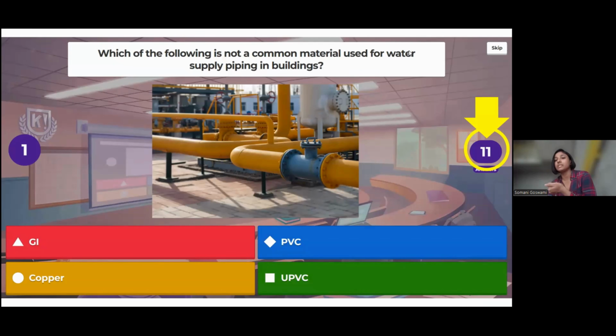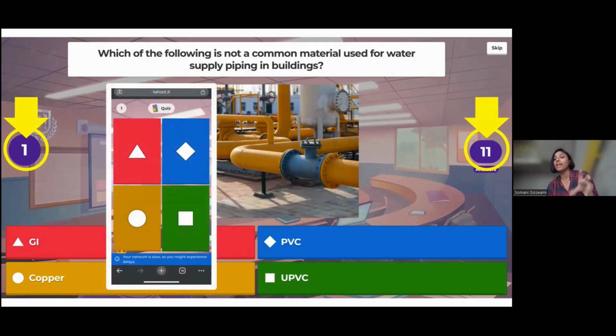Like here you can see that's the number of players. I don't think it's visible. Yeah, so this shows the number of people who had answered. This is the timer, and this is what it would look like on their phones.